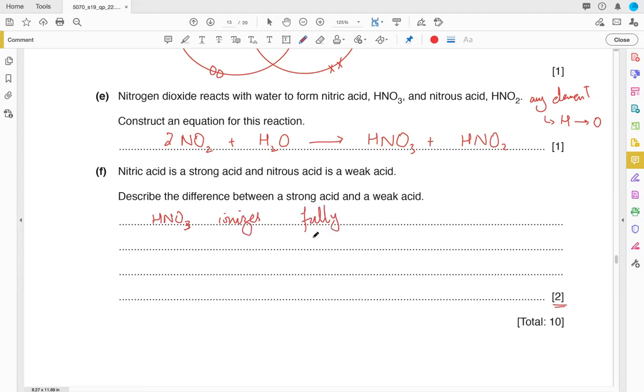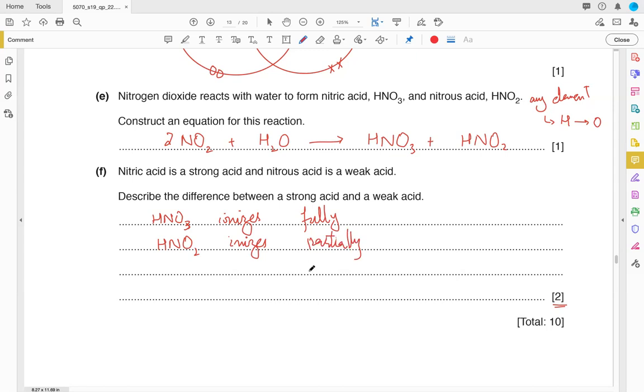If you say that, you will get 1 mark. Why? Because you had to mention what is different in nitrous acid. So mention that as well, that nitrous acid ionizes partially. Do not leave that one out.